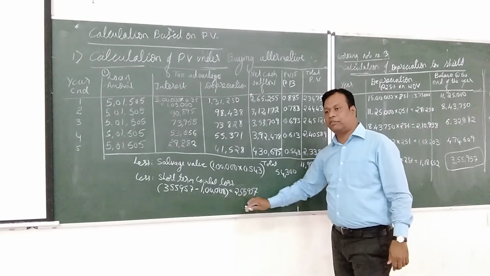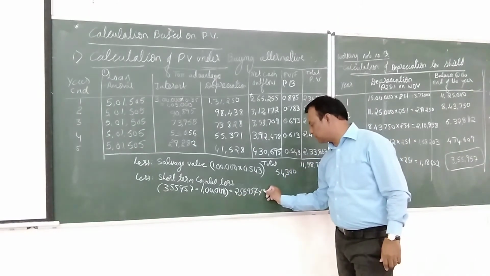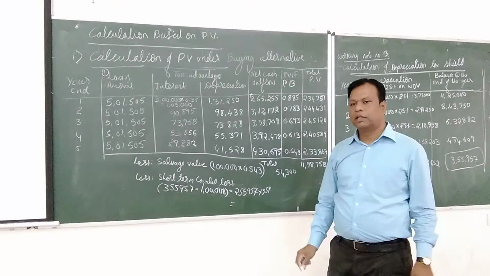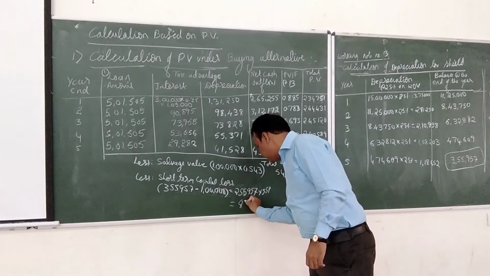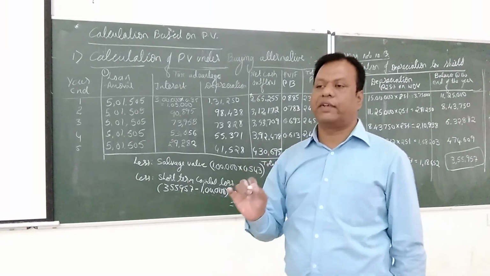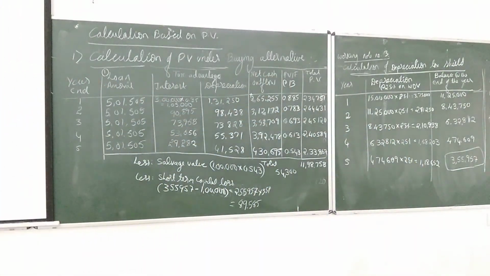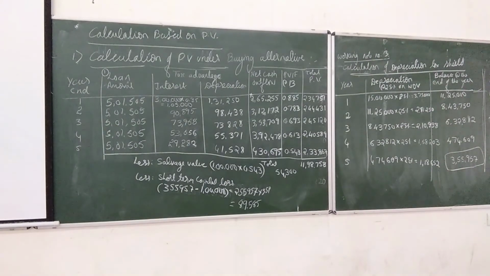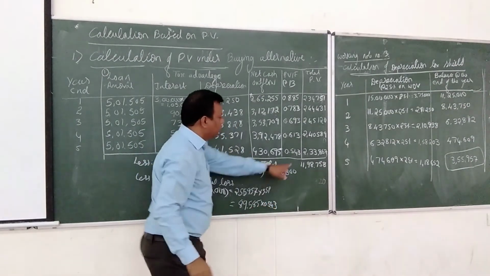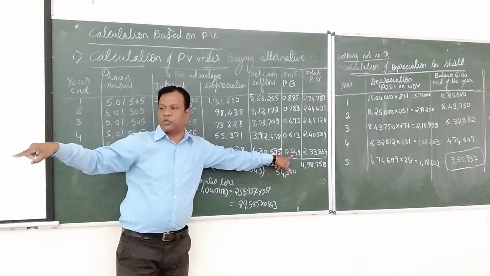On this, what is the tax rate by which we are saving? 35% is the tax rate, correct? If you calculate 35%, how much we get? 89,585. That is the tax saving on the loss we incurred. This loss is incurred at the end of the 5th year. If we convert it to present value, 13% for 5 years comes to 0.543.